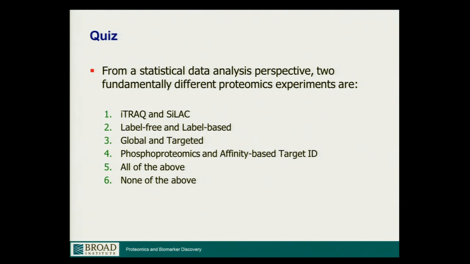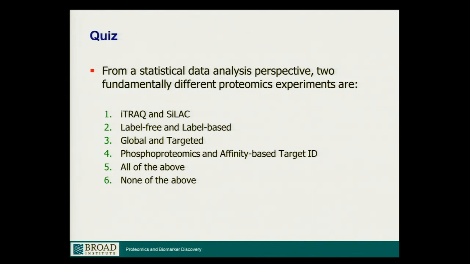So you're interested in discriminating two or more groups of cells or tissues or patients, and you want to see which proteins are different in those groups. To start with, you pretty much don't have an idea of what will be different. So here you're going on a fishing expedition.